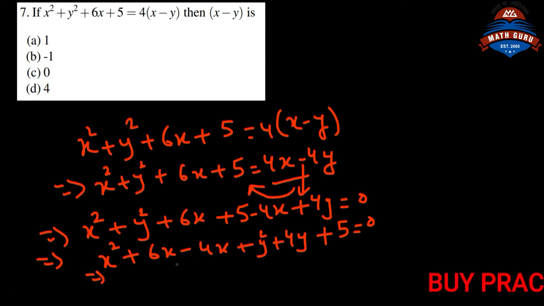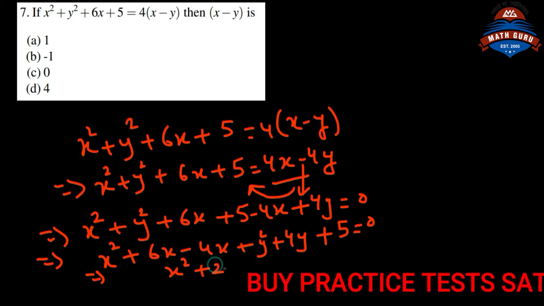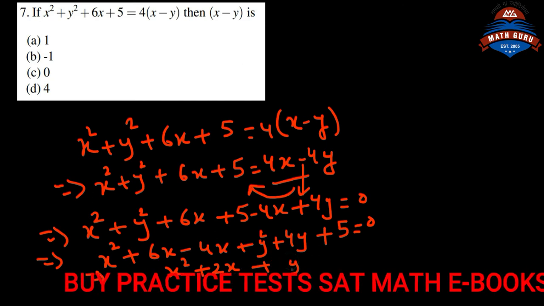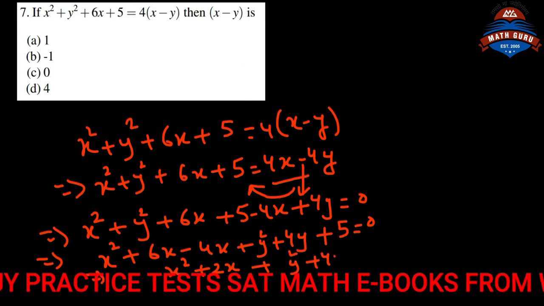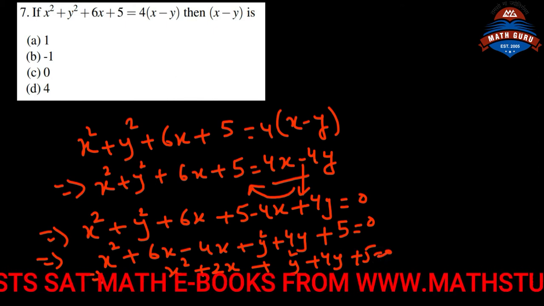Now 6x minus 4x is nothing but 2x, so we can write it this way: x square plus 2x plus y square plus 4y plus 5 equals 0.